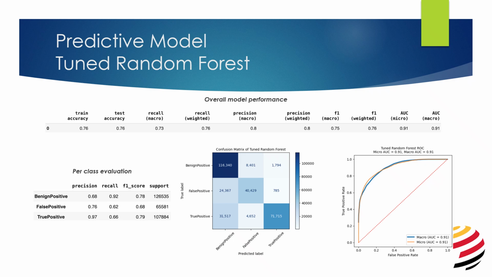The confusion matrix reveals substantial misclassification of both true positive and false positive samples as benign positive, and many benign positive samples misclassified as false positive, indicating less clear class boundaries. Again, this reduction stems from tuning over a very limited hyperparameter subset, which degrades its ensemble robustness and ranking ability compared to the default models.